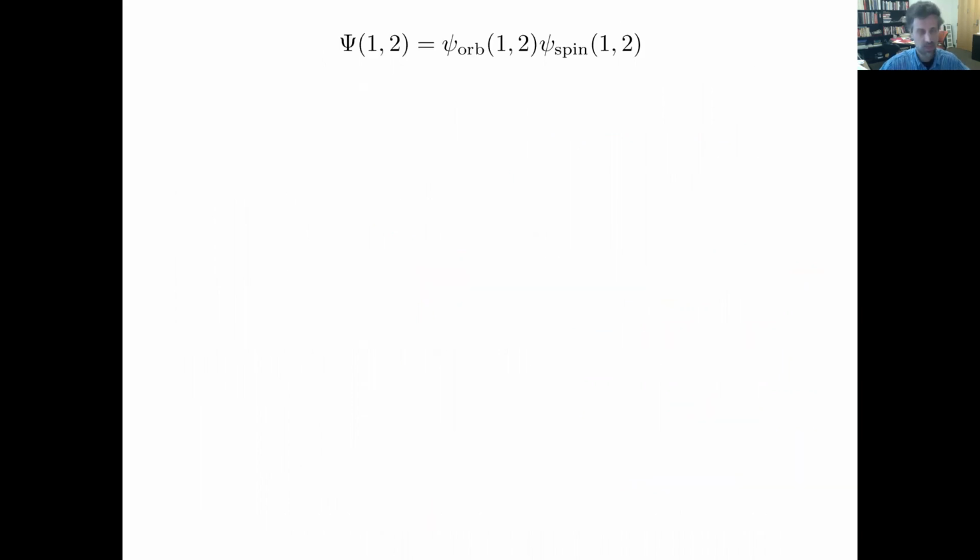All right, so I'm going to now summarize that fact in the following way. I have a wave function which always has 2 parts, an orbital state and a spin state. If I have 2 particles, I say 1, 2, 1, 2. So this overall orbital state is the orbital state of 2 particles, and the spin state is the spin state of 2 particles.